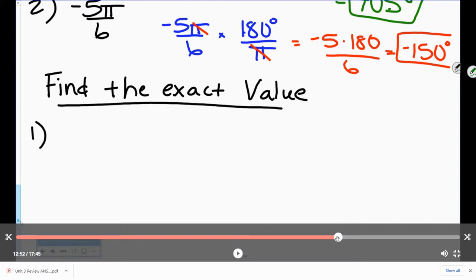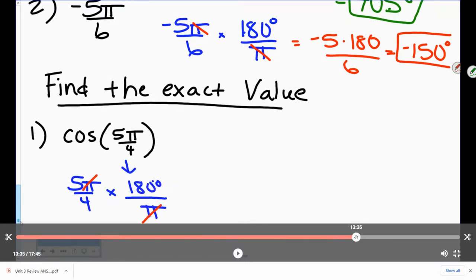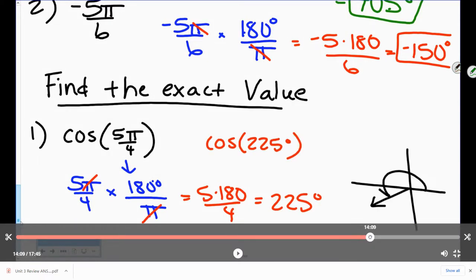All right, so the last thing that we'll do here, you might be asked to find the exact value of something. So just like we did last week, if I ask for cosine of 5 pi over 4, that's similar to what you had to do last week, but we're going to need to convert that to degrees. So I'll take my 5 pi over 4 times 180 degrees divided by pi, so I get 225 degrees. All right, so now I'm trying to figure out cosine of 225 degrees.